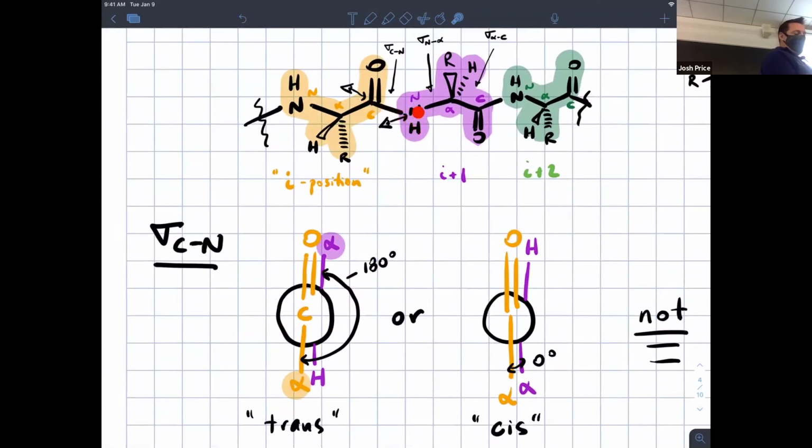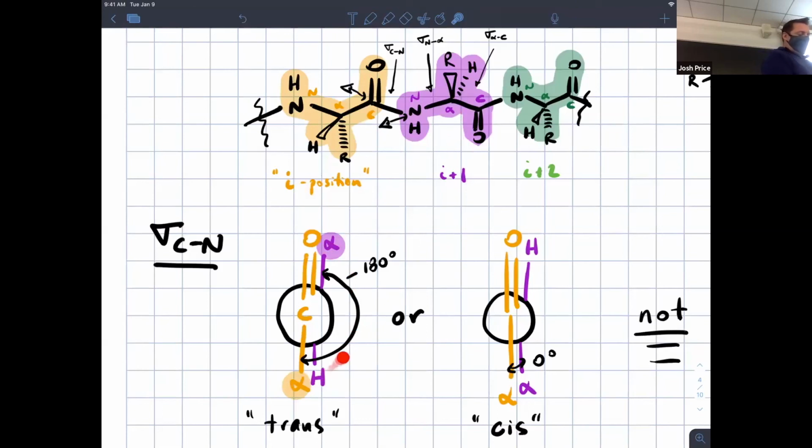You would expect both of these atoms to be trigonal planar, and in general they are, and in general there's only 2 conformations that we observe. One drawn here from the side, and then here looking down that bond in the Newman projection, has the alpha carbon on one side trans to the alpha carbon of the next amino acid. And that's generally the most favored conformation of the peptide bond.